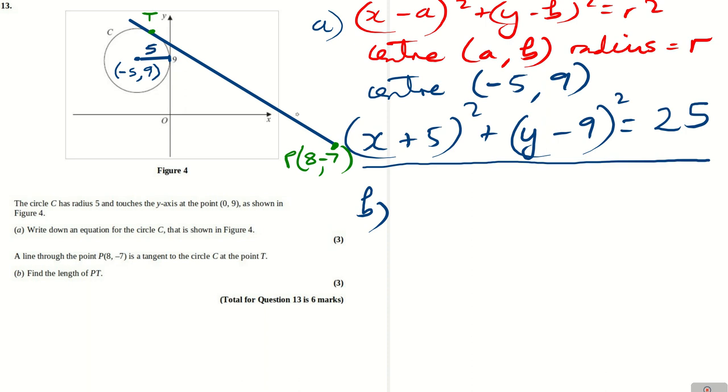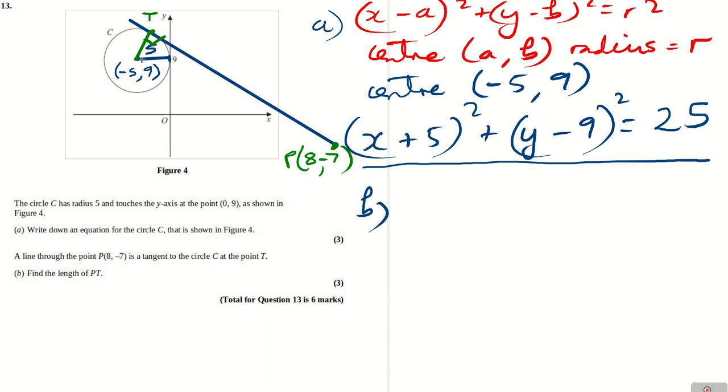And we want to know the length PT. Right, how can we do that? Well, to do that, what we need to know is that at the point T, the tangent and the radius going from the centre to that point are actually going to be at right angles to each other. They're going to be perpendicular. Okay, so we've got a right angle triangle which we can use Pythagoras on.